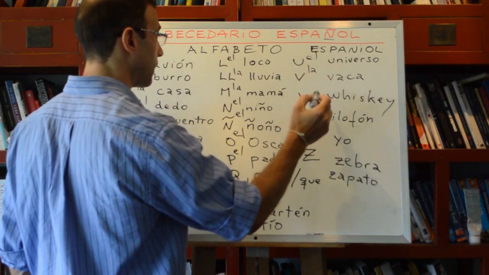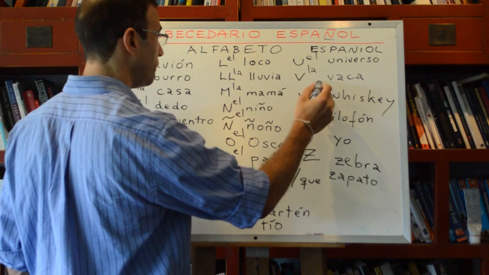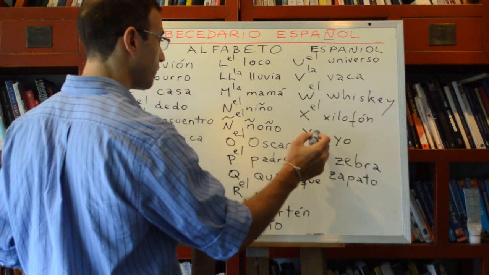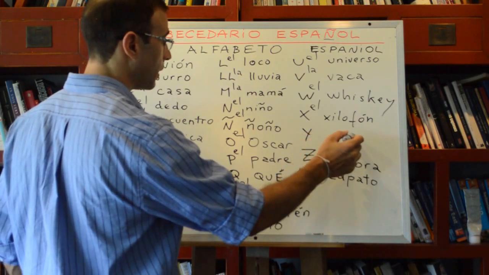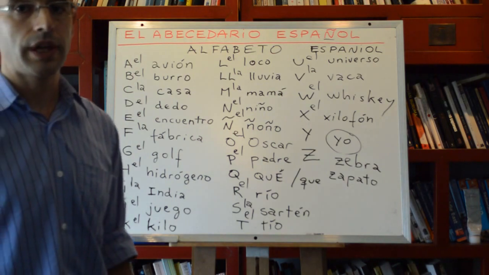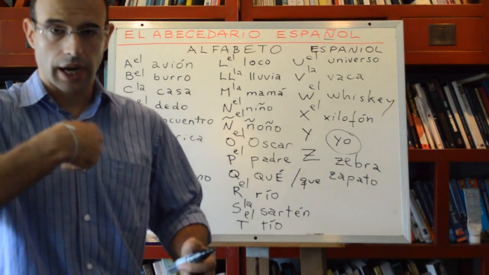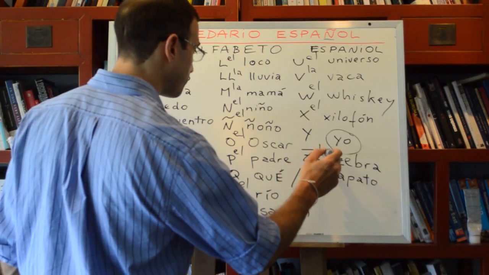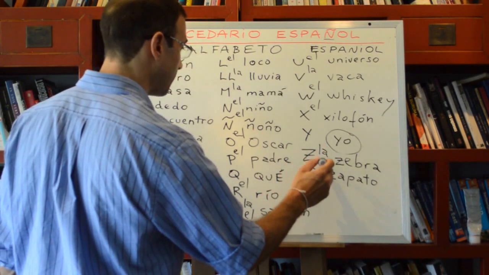La vaca. El whisky. El xilofón. Yo is a pronoun, so that has no article. You don't say the I when talking about I, me, okay? La cebra and el zapato.